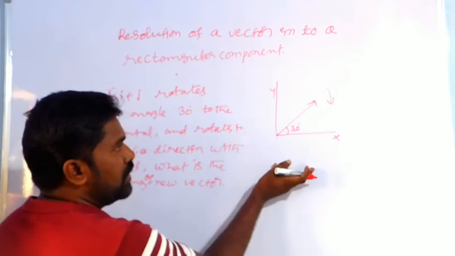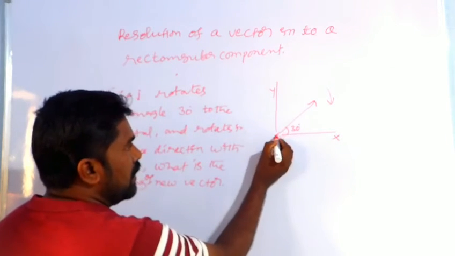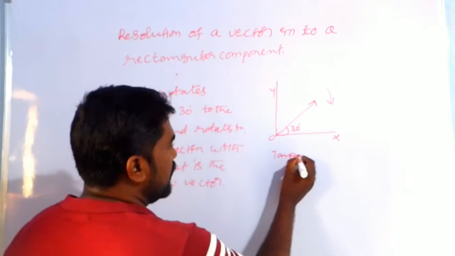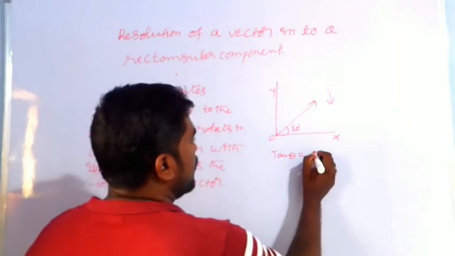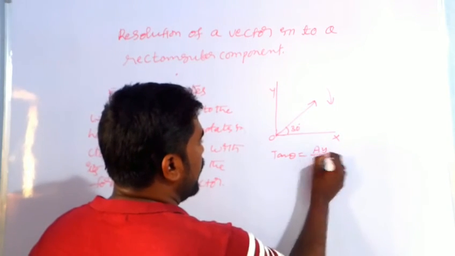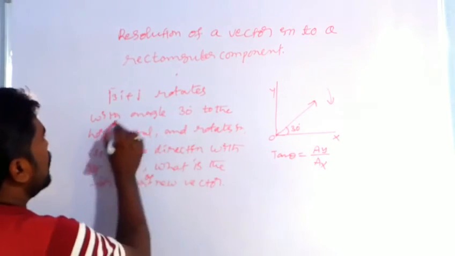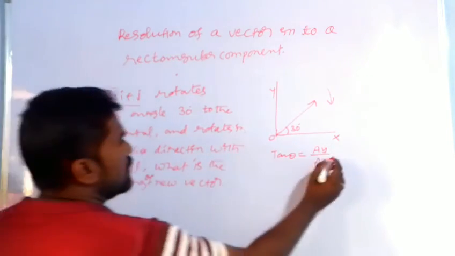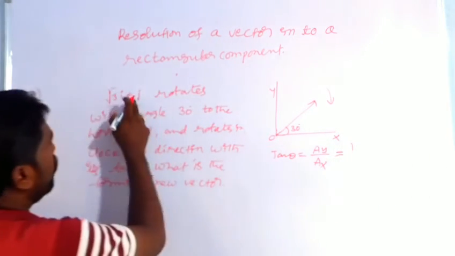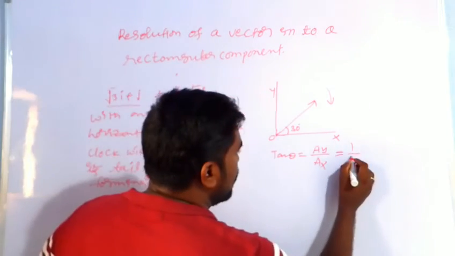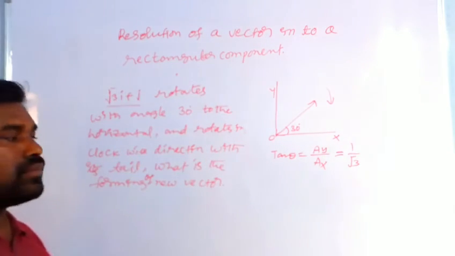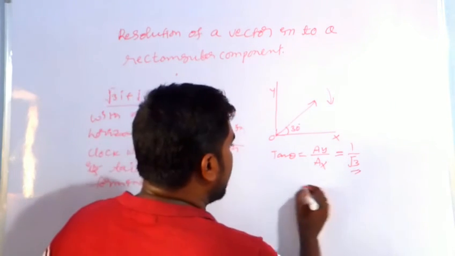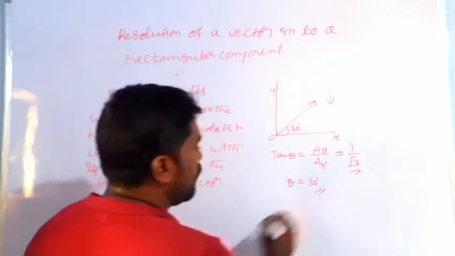The direction will change to along the x-axis, and the magnitude will not change. Now tan theta equals ay by ax. From the vector root 3i plus j, the y factor is 1, because 1 into j, and the x factor is root 3. So tan theta equals 1 by root 3, so theta equals 30 degrees.